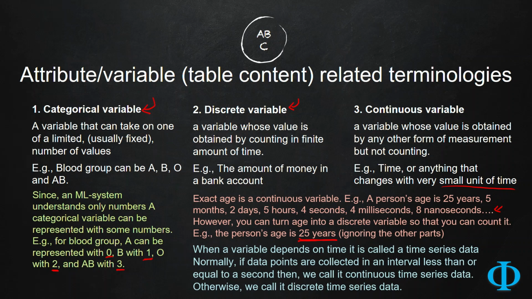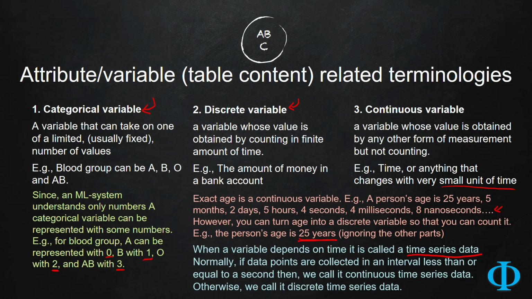Now, the other thing is when a variable depends on time, it is called time series data. Normally, if data points are collected in an interval less than or equal to a second, then we call it continuous time series data.